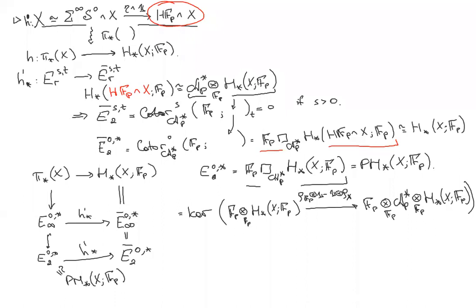This is FP cotensor with homology. Since the coaction on FP is the trivial one, then the difference is just zero on elements in the kernel, which are the primitive elements of homology of X.